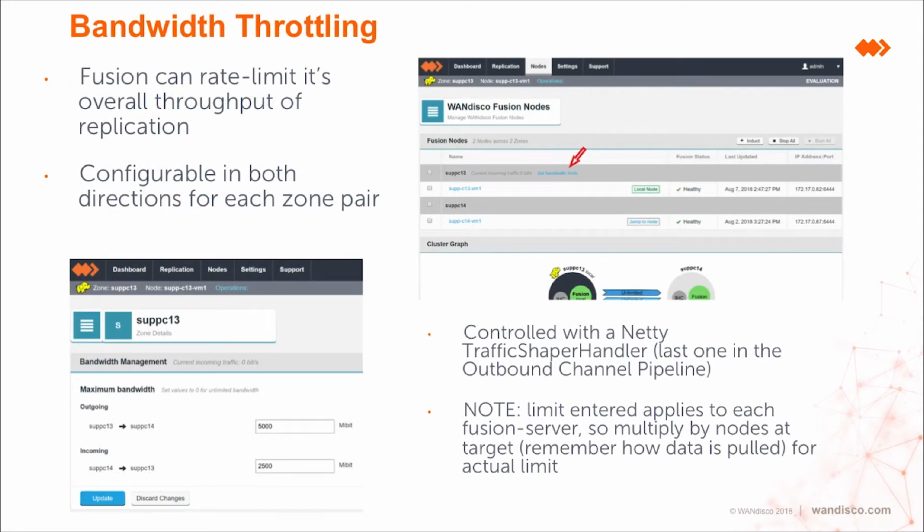Bandwidth throttling. Fusion can rate limit its overall throughput of replication. It's configurable in both directions for each zone pair, and you could see in the user interface, if you go to the nodes menu, on the specific zone for that node you could set bandwidth limits, and below here you could see they can be set for outgoing and incoming traffic.